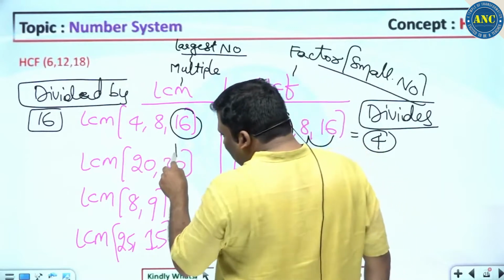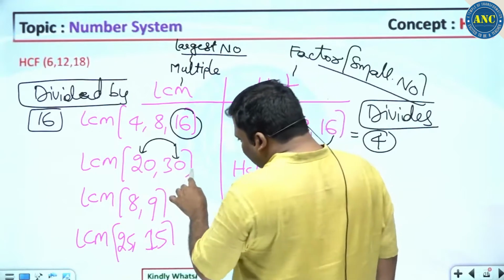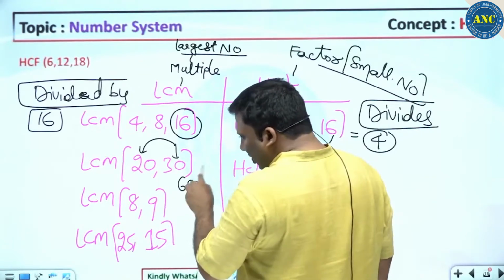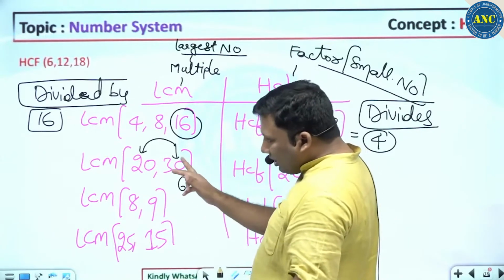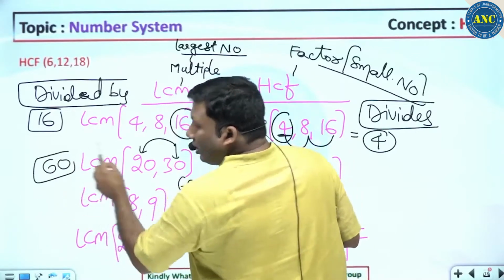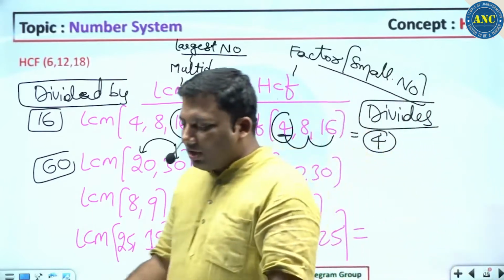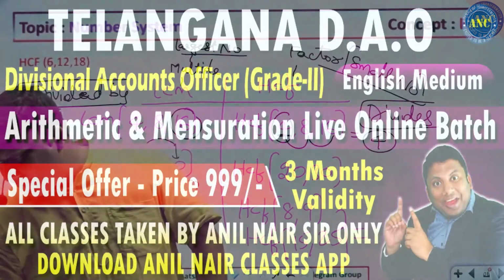If the largest number is not divisible by other number, take the multiple of that number, 60. 60 is divisible by 20.